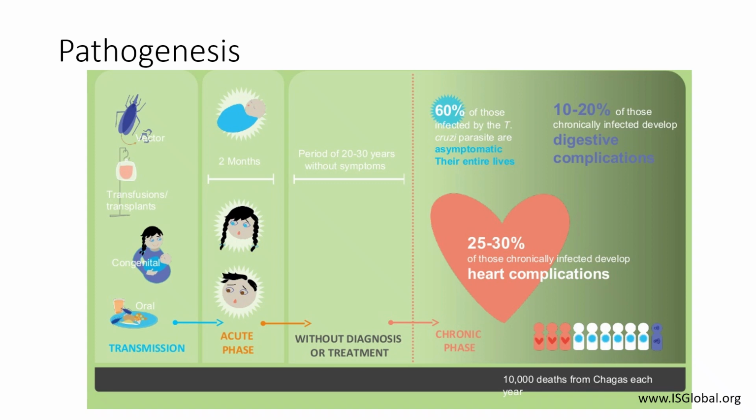Most individuals in this phase will remain so for many years, throughout their life. About 20 to 30% of them, however, will develop a chronic phase after a period ranging from a few months to decades, consisting of heart complications, and 10 to 20% will develop digestive complications.